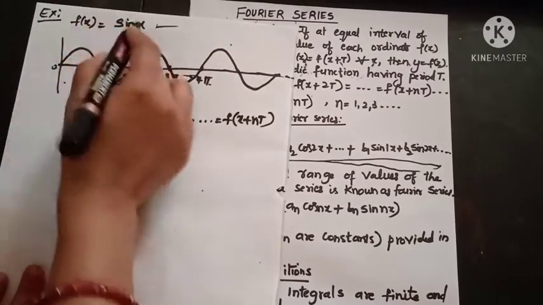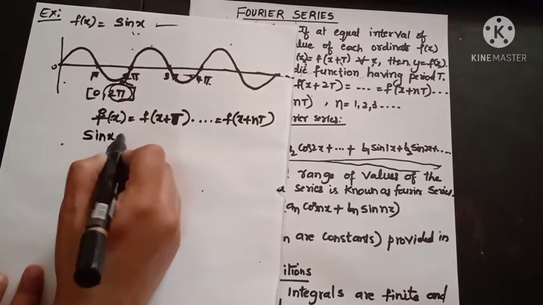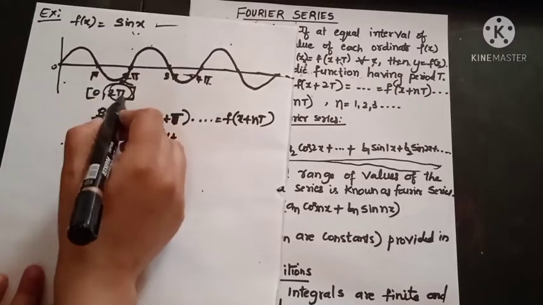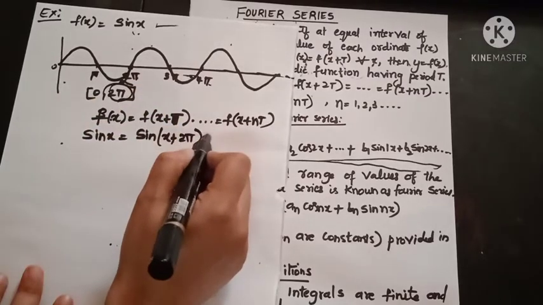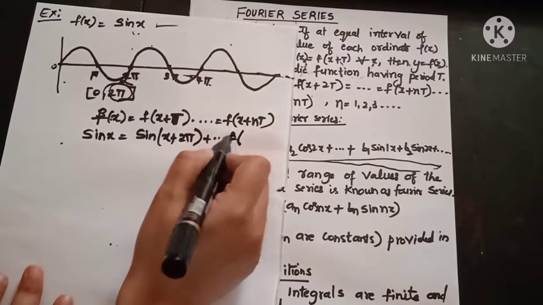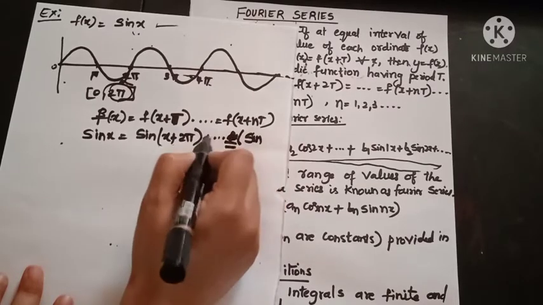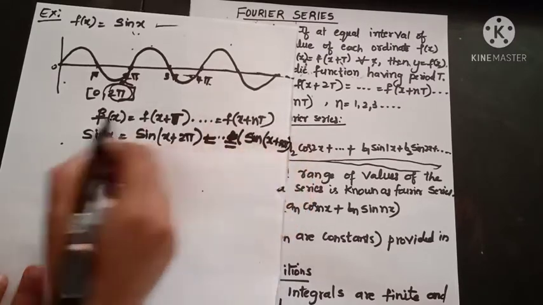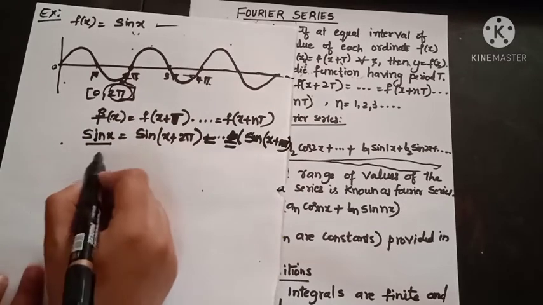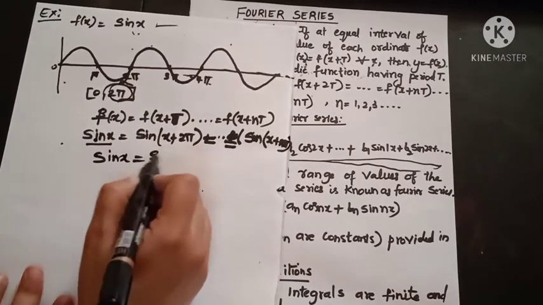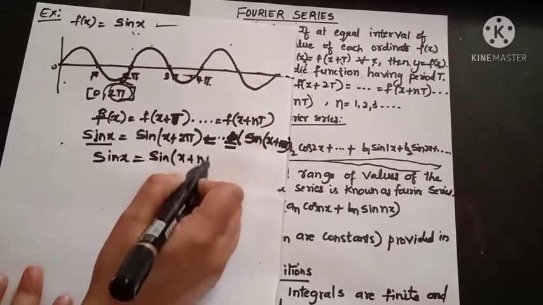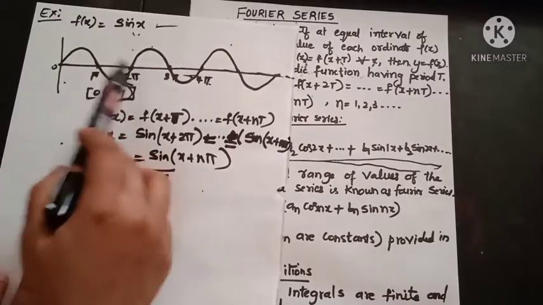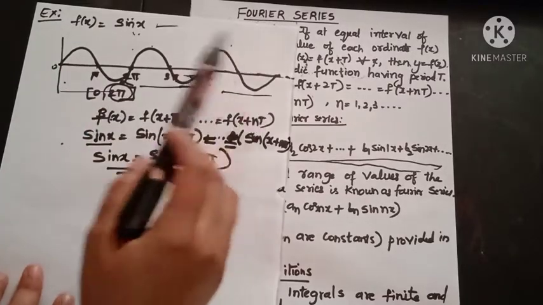So sin x is equal to sin x plus 2 pi, etc., sin x plus n times 2 pi. Everything will be equal to the function itself. So sin x is a periodic function; it repeats itself at regular intervals.